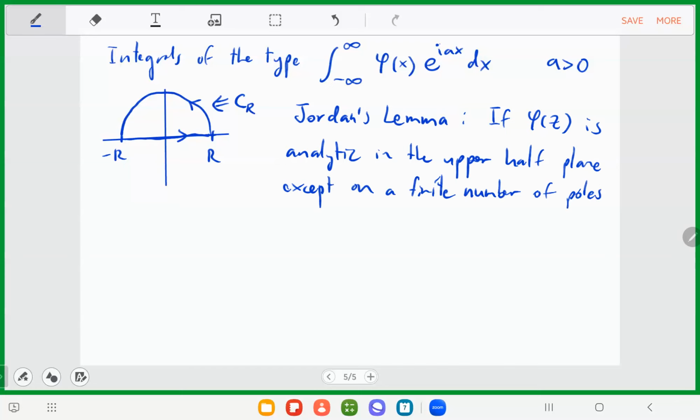It's okay, it doesn't need to be analytic everywhere, but the number of poles is not infinitely many.